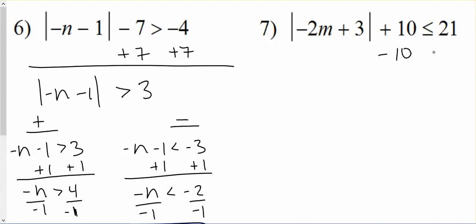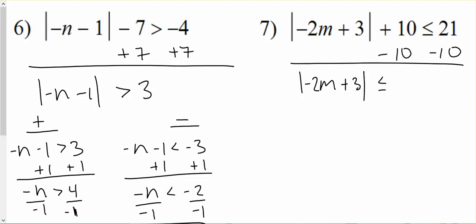Subtract 10. Get all that stuff outside of there that we don't want around. The absolute value of negative 2m plus 3 is less than or equal to 11. Now that I've got just my absolute value on one side, we've got our plus side and our minus side. Negative 2m plus 3 is less than or equal to 11.